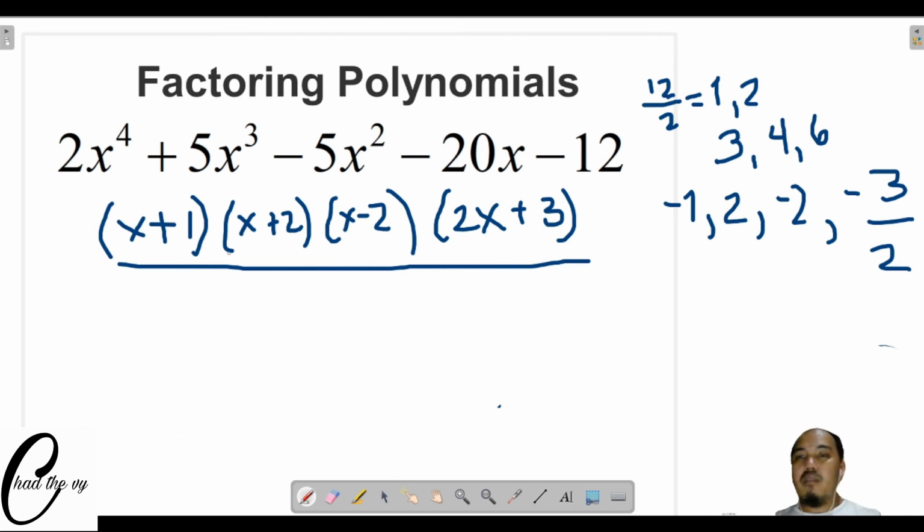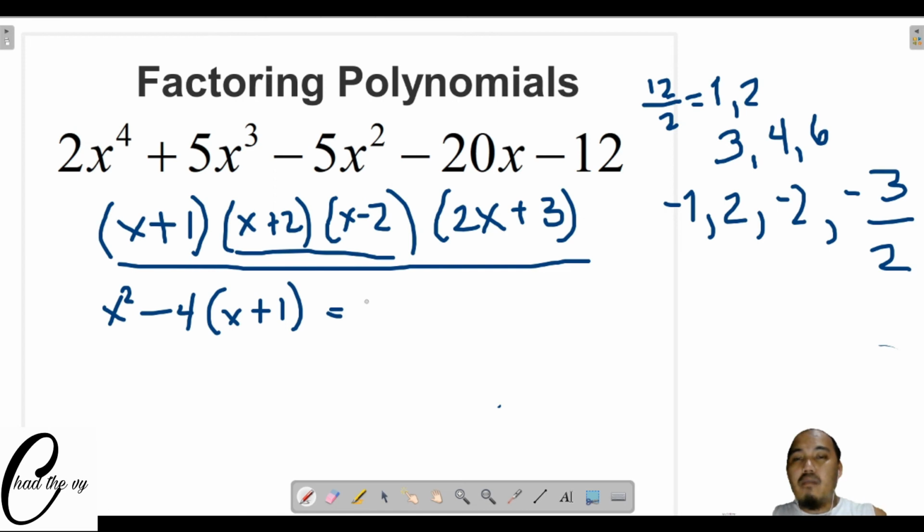Ngayon, kung gusto natin ma-check kung tama yan, madali lang. I-simplify natin to, multiply natin using FOIL method. Unahin natin yan. So, sagot kasi dyan ay x raised to 4... Sagot kasi dito, x raised to 2 minus 4. Then ito, multiply natin sa x plus 1. So, distributive tayo.